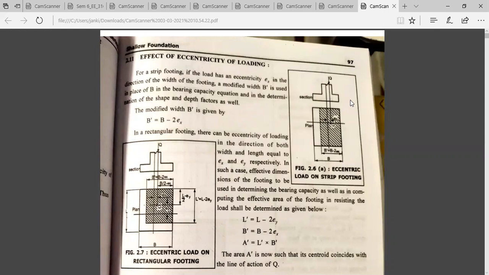So the new length, which we denote as L dash, is equal to L minus 2Ey, because length is considered in the Y direction, so eccentricity in the Y direction. B dash is equal to B minus 2Ex. So the area A dash is equal to L dash multiplied by B dash.